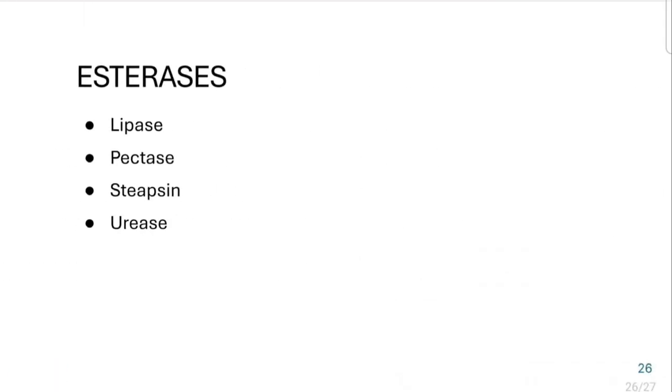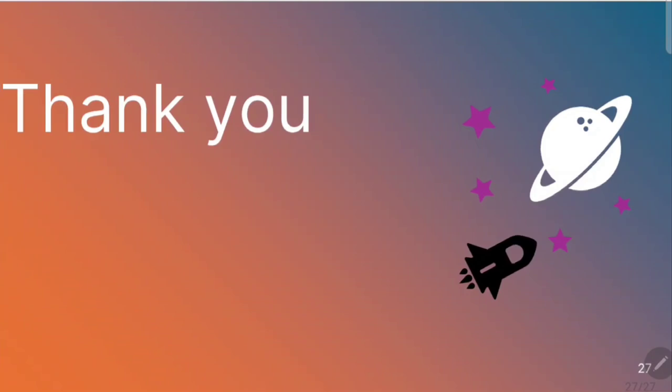Your esterases, which are composed of lipid-degrading enzymes such as lipase, pectase, steapsin, urease. And that's all for the uses and different types of enzymes according to their use. Thank you.